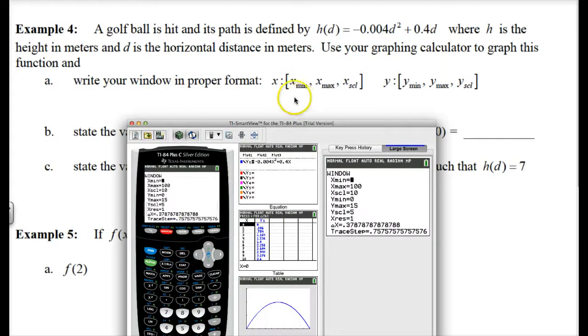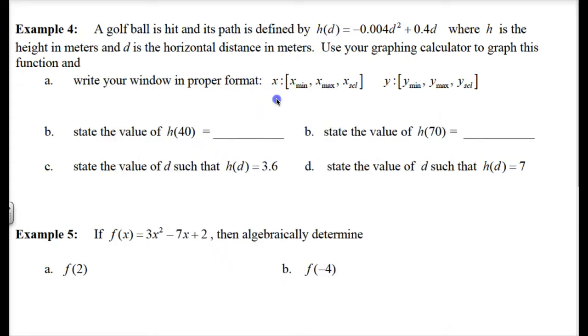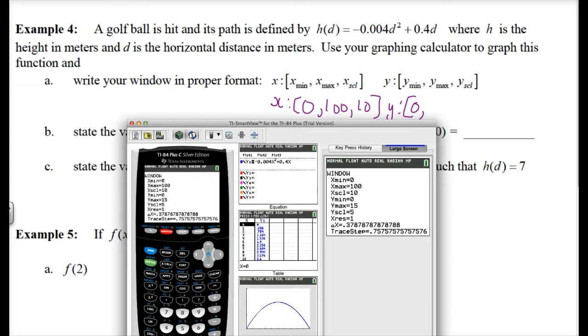So window is an ordered triple, right? X min, so 0 to 100 by tens. X, 0 to 100 by tens. And Y, we went 0 to 15.